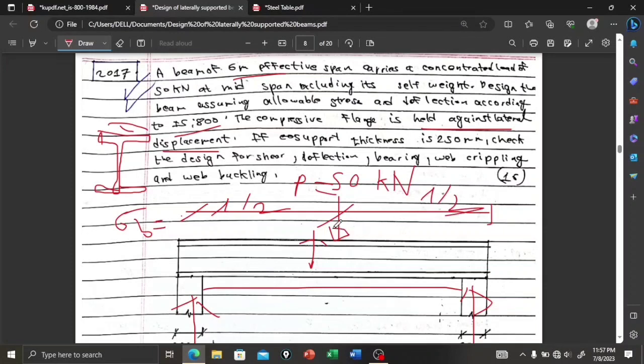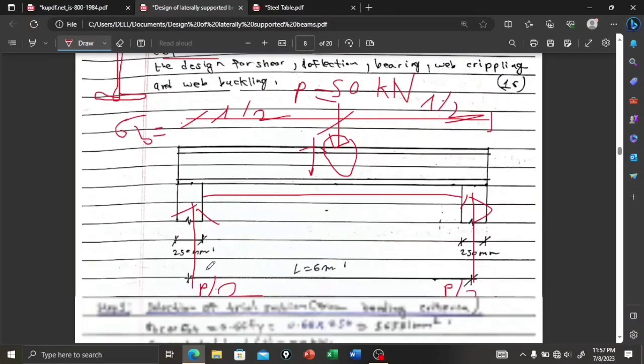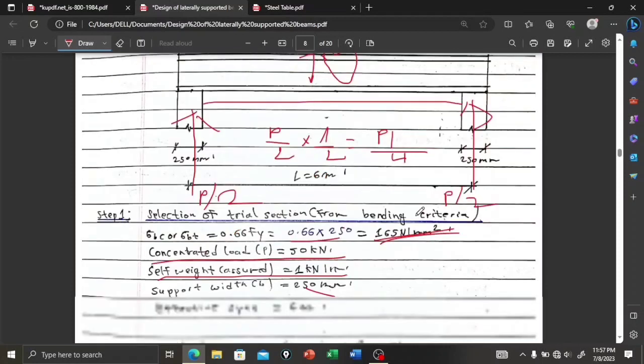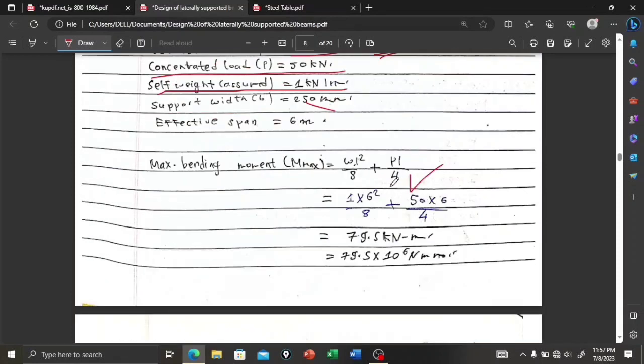We need to find bending moment at center, so it is P by 2 into L by 2, that is PL by 4.